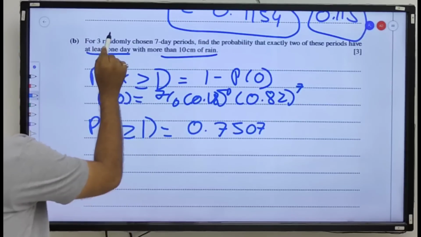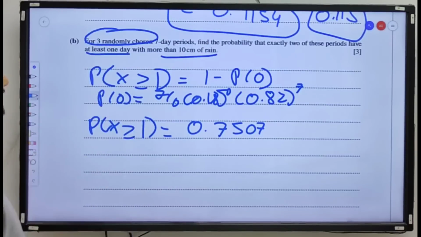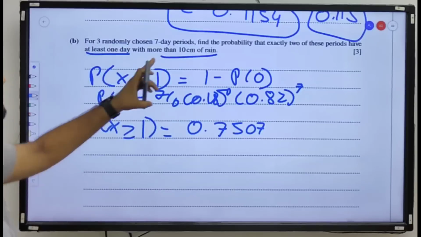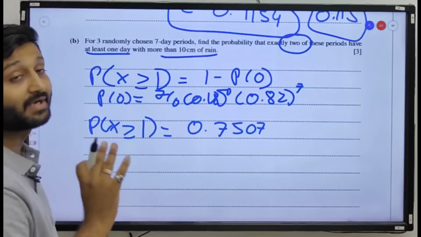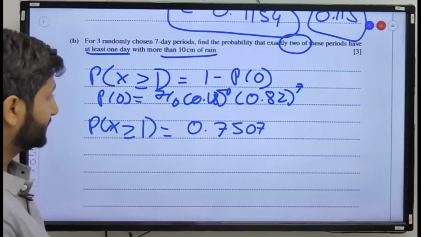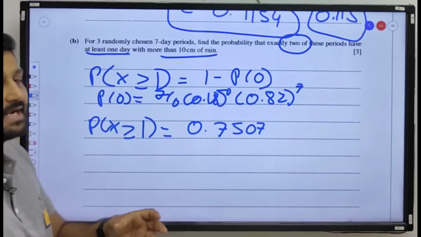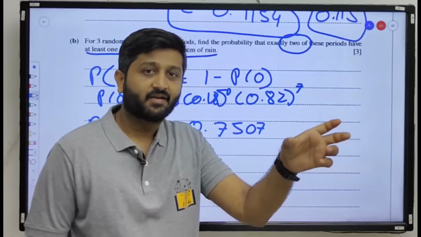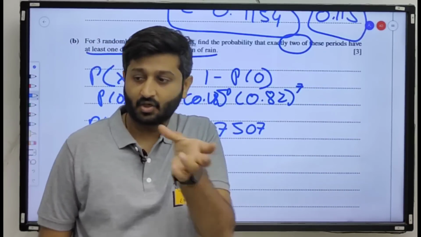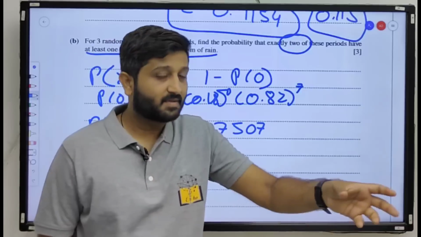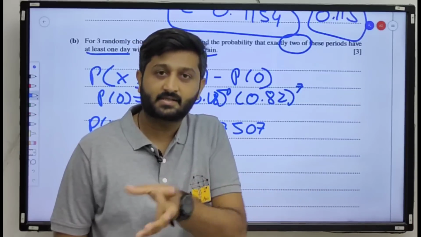Now they have taken 3 randomly chosen 7-day periods, and I am supposed to find that exactly 2 of these periods have rain. So it can be, let's say, on the first period of 7 days it rains, on the second it doesn't, on the third it does. Similarly, first it doesn't, second it does, third it does.